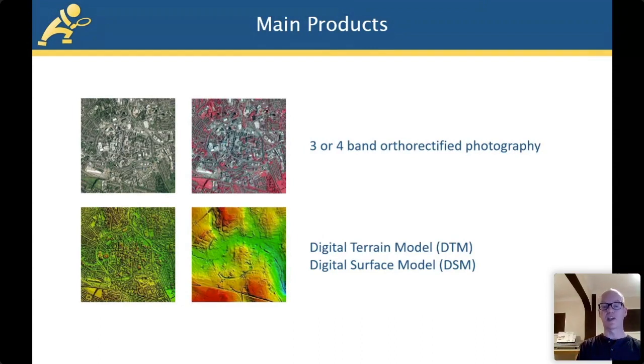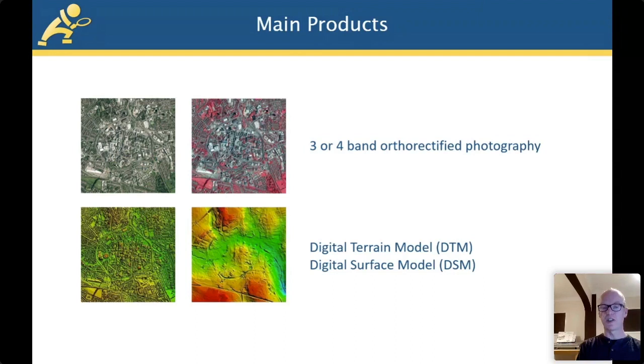Rectification is a warping of the imagery so it fits from a 3D surface onto a 2D mapping projection. Also, we can produce the color infrared, or we can produce our 4-band imagery, red, green, blue, infrared, orthophotography. And we also have 2 other key derived data sets.